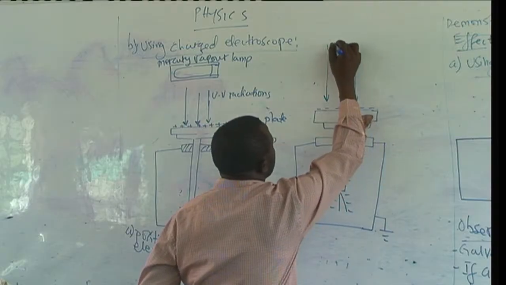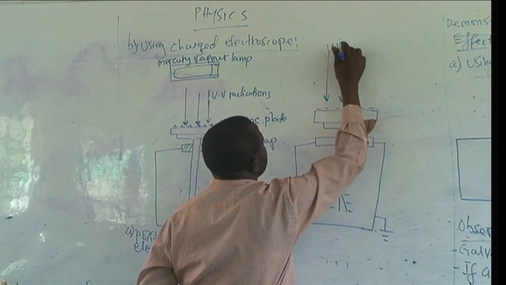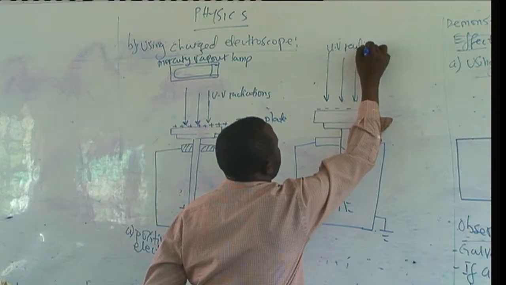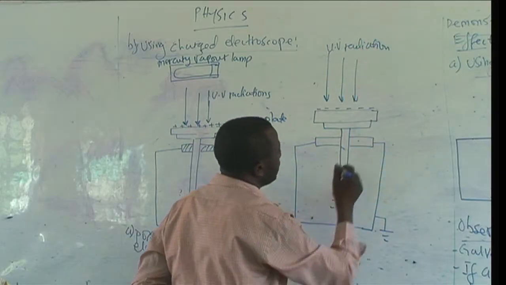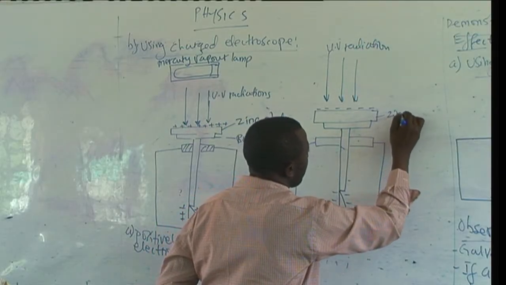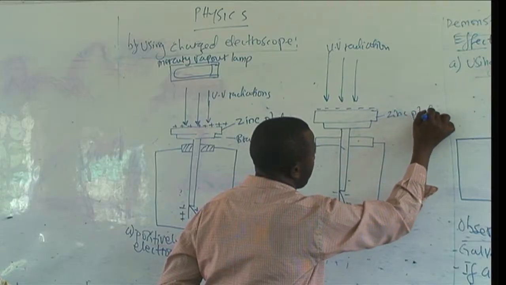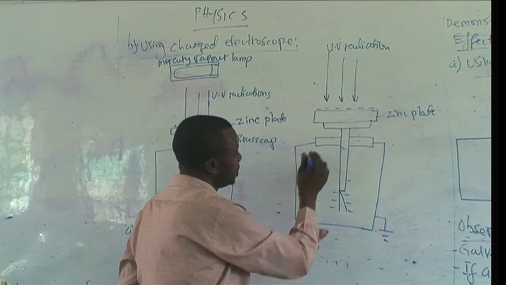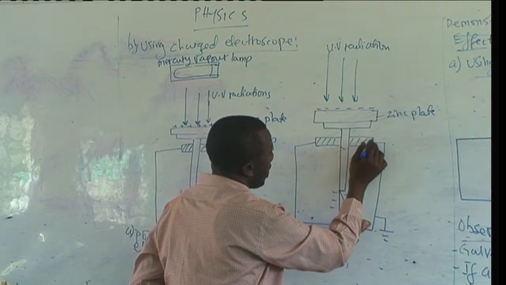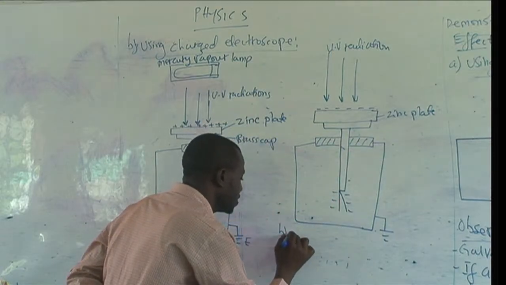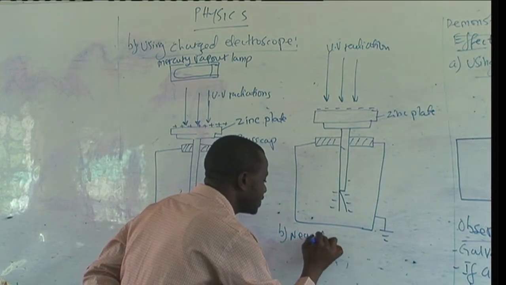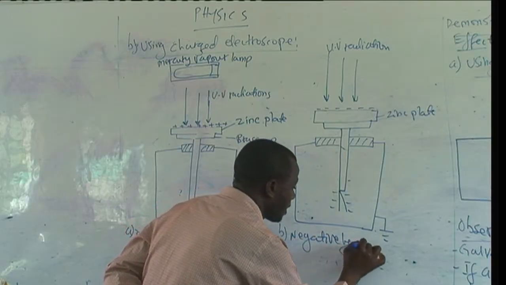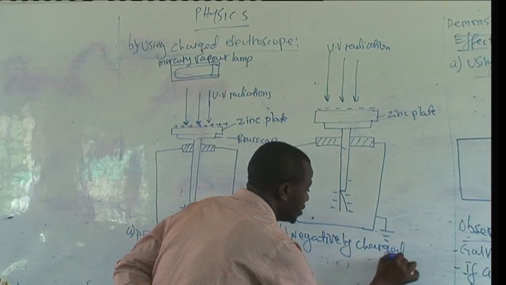So, UV radiations, zinc plate, so part B, negatively charged electroscope.